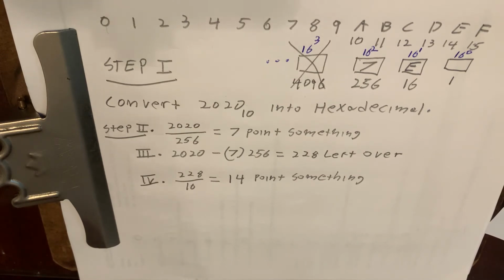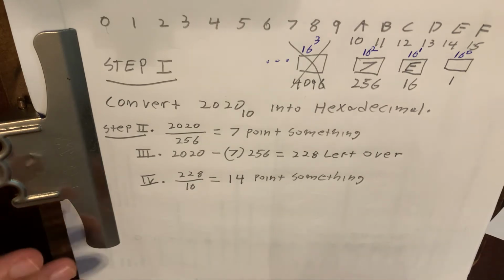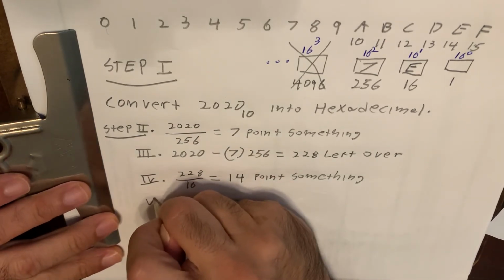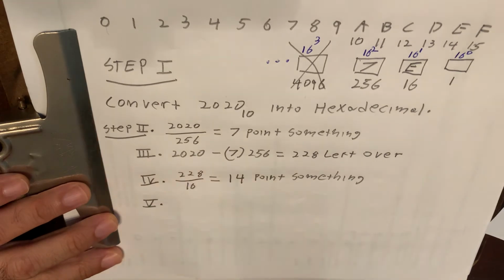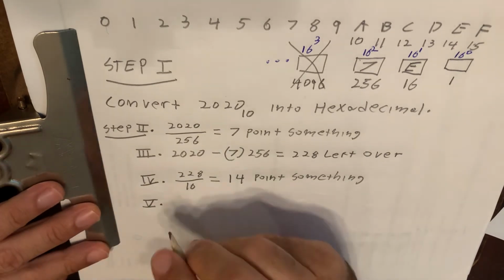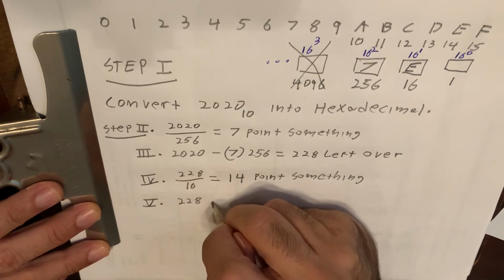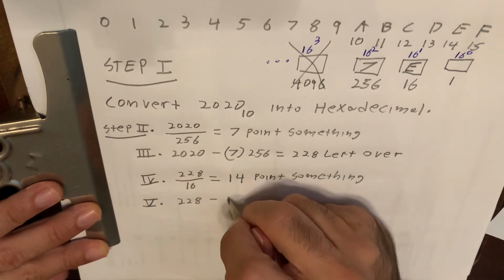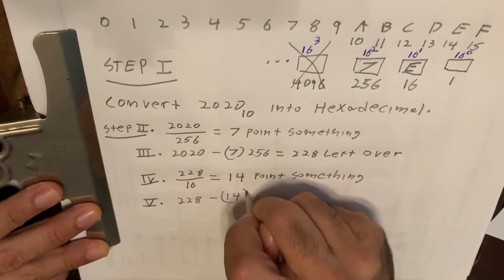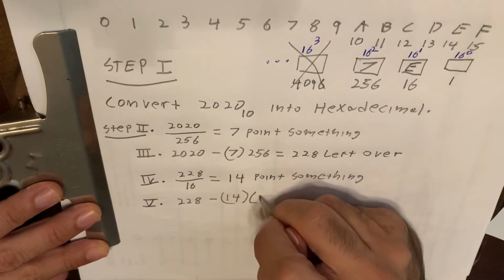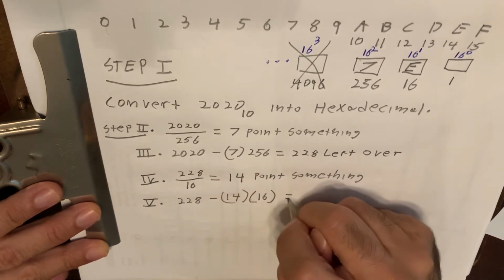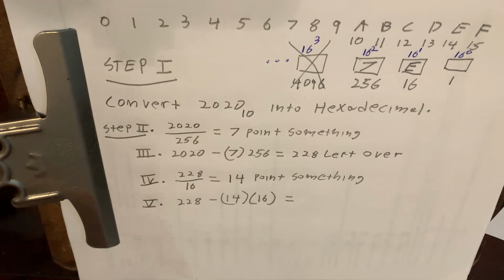Okay, so now we have to find out how much is actually left over. So step 5 will be to take our 228 and subtract our 14 16s. And let's see how much is left over.